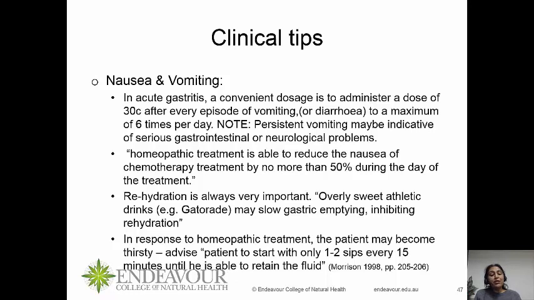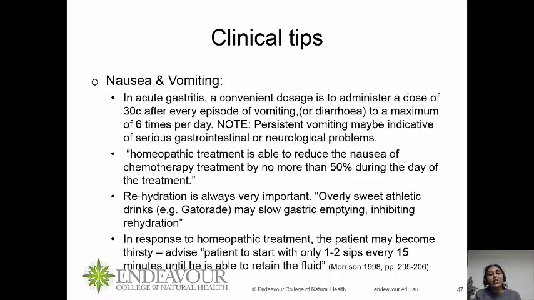One thing to remember in any case where there is a loss of body fluids, for example nausea or vomiting, is rehydration. Dehydration is very common, and especially so when it is children and really old people or people of low vitality. So rehydration is a must.